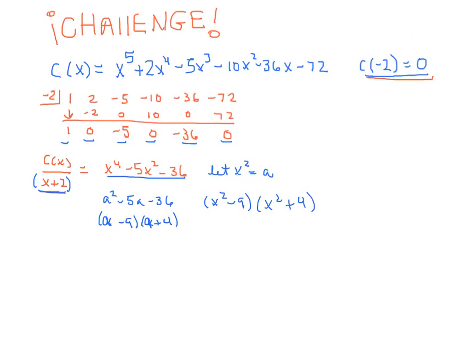X squared minus 9 is x plus 3, x minus 3, because it's the difference of perfect squares. It is a parabola that has been moved down 9. This is a parabola that's been moved up 4, meaning that we have imaginary roots on this one. So that's x plus 2i, x minus 2i, and here are 4 of the factor groups for this 5-degree polynomial.